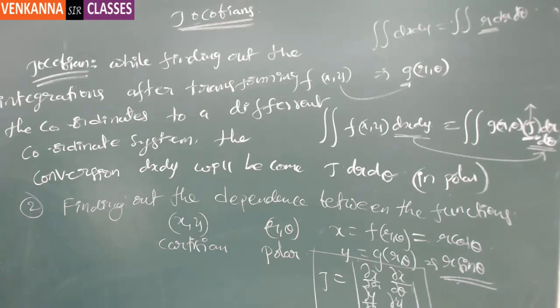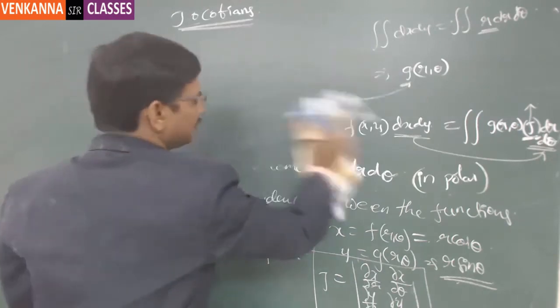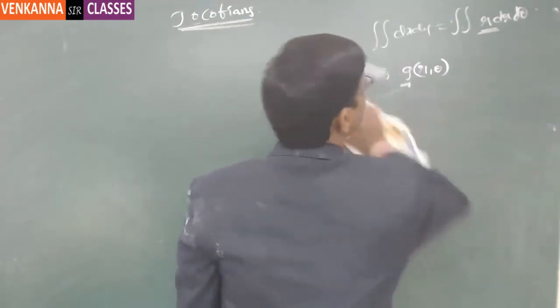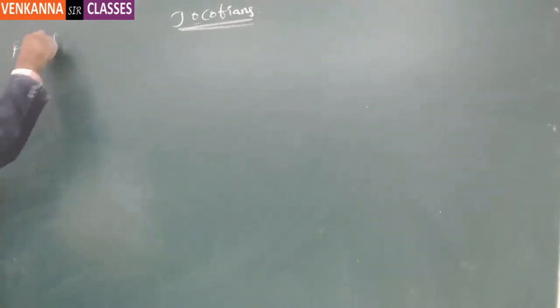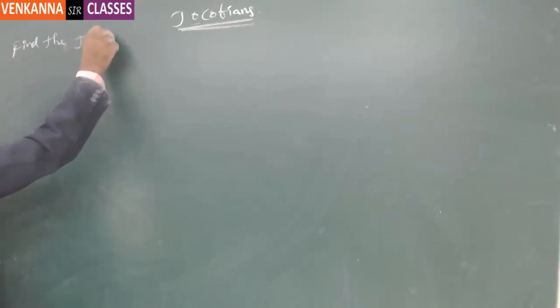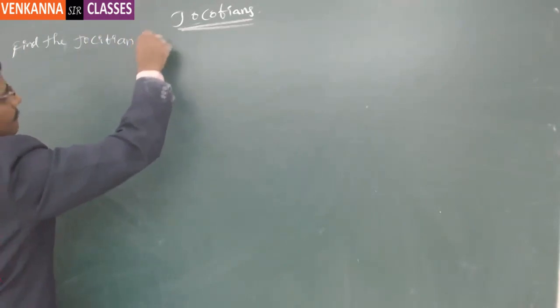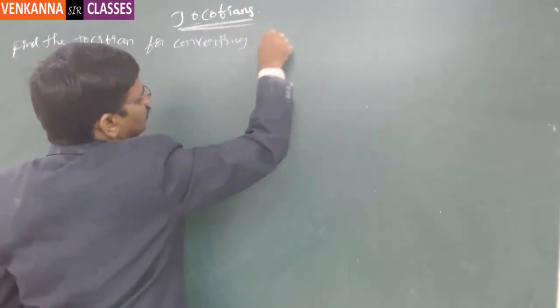First we will take the simple case: find the Jacobian for converting Cartesian to polar.